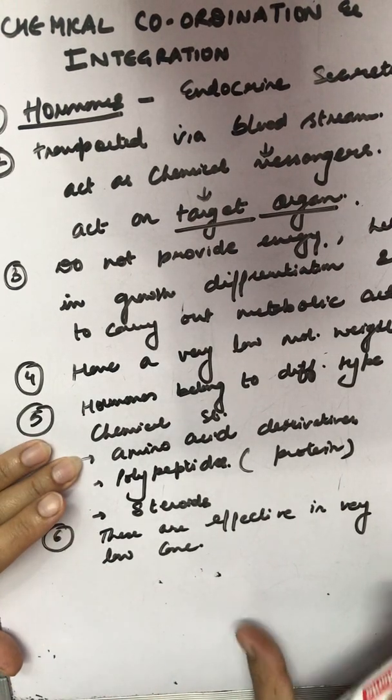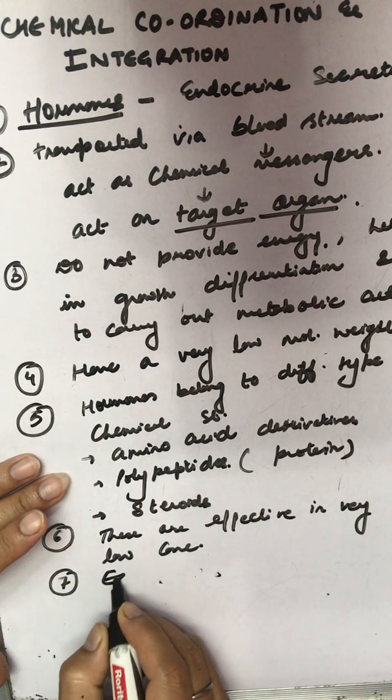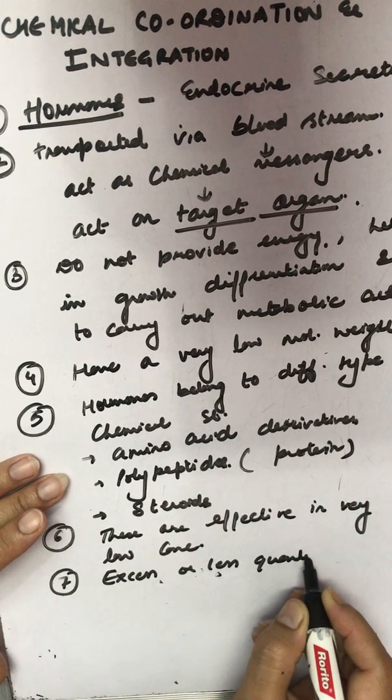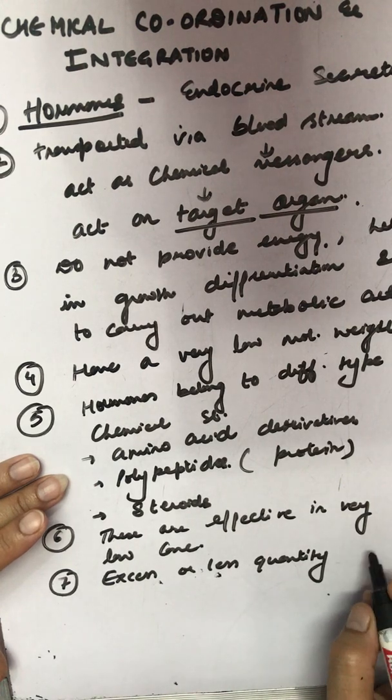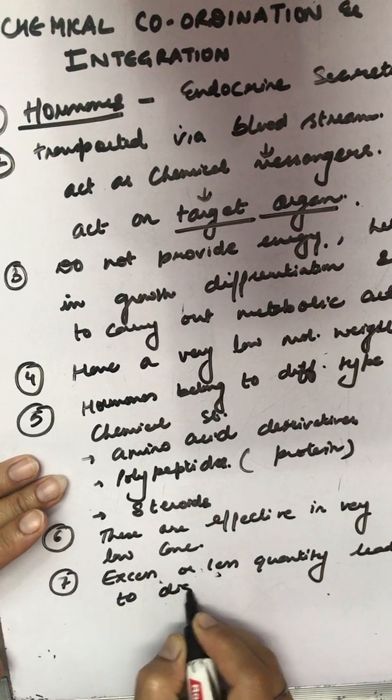The next is if these hormones are provided in excess or less. One is excess, one is less. These always cause problems. Number 7, excess or less quantity always leads to disorders.